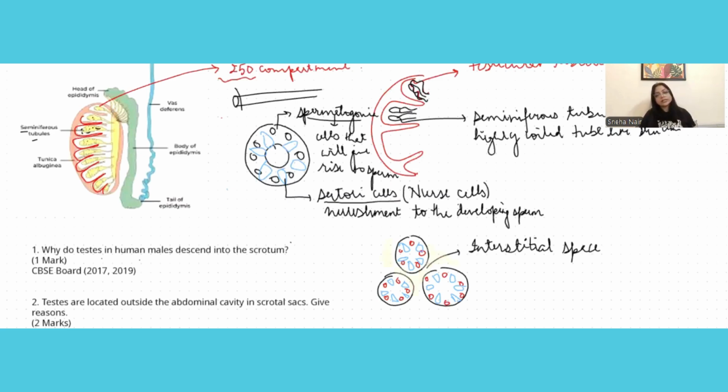Now, the space present between these seminiferous tubules is called interstitial space. In this interstitial space, a special type of cells are present called interstitial cells. Where are interstitial cells present? In the space present between these seminiferous tubules.